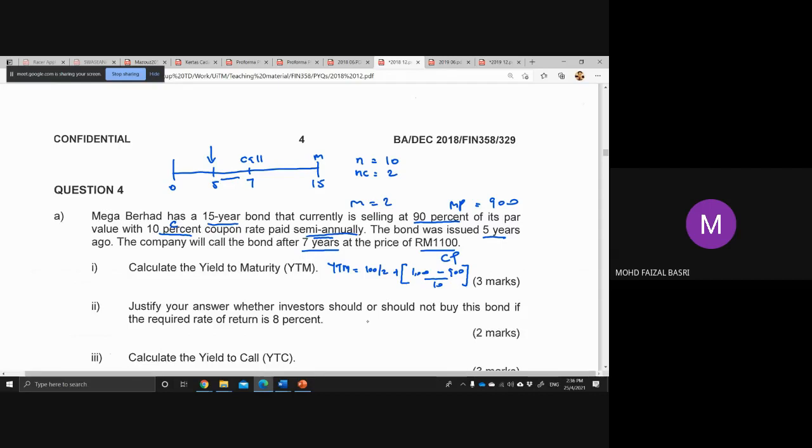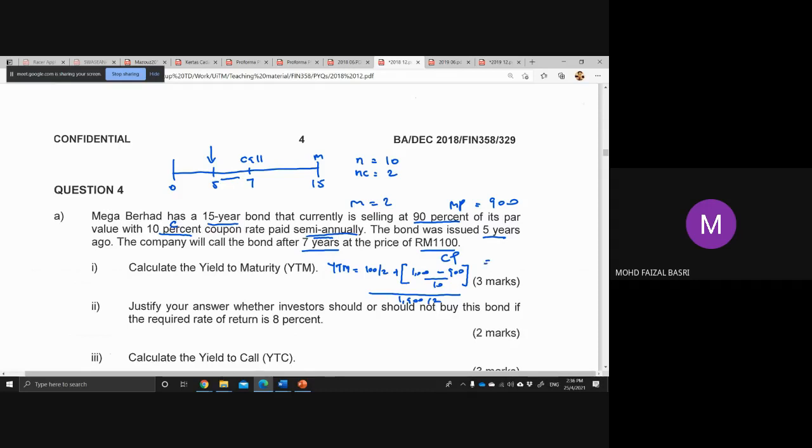Okay, and the rest will be the same. So 1,000 plus 900 is 1,900. Just put 1,900 divided by 2 here. Where I get this 1,900 is 1,000 plus 900. The formula is 1,000 plus 900 divided by 2.